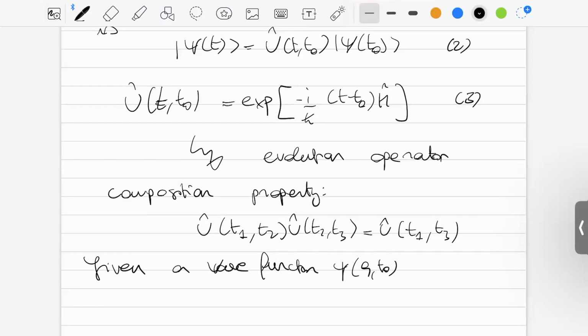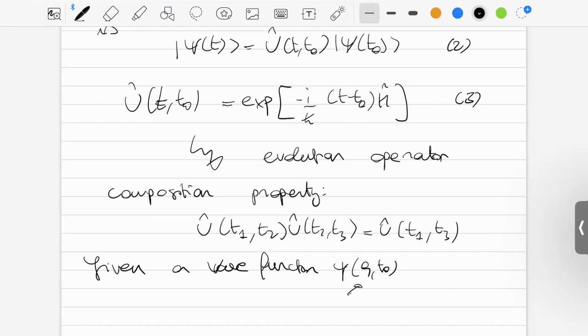It can be one coordinate if you are in one dimension, or more than one if you are in more dimensions. Suppose we have a wave function at time t0, and we can express the wave function at time t in terms of the previous wave function.